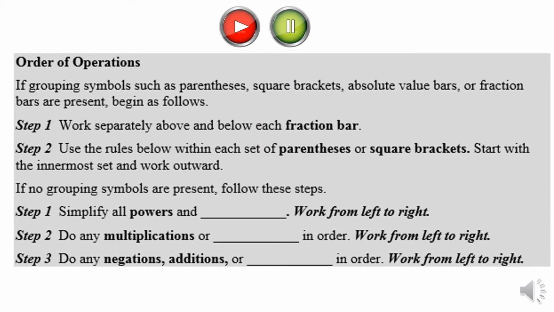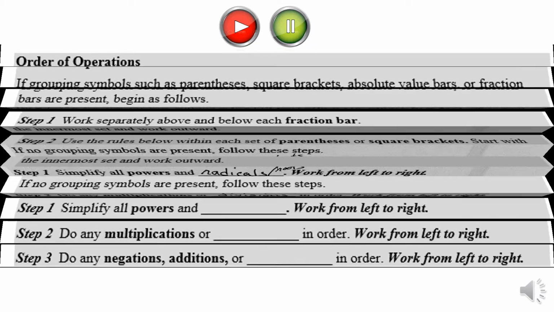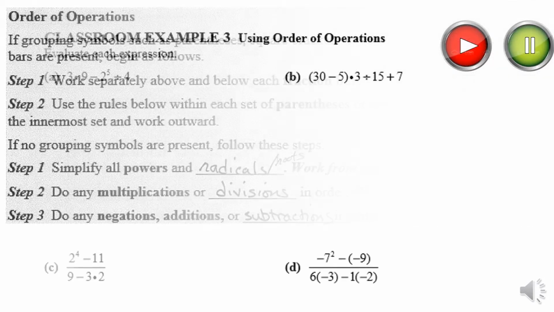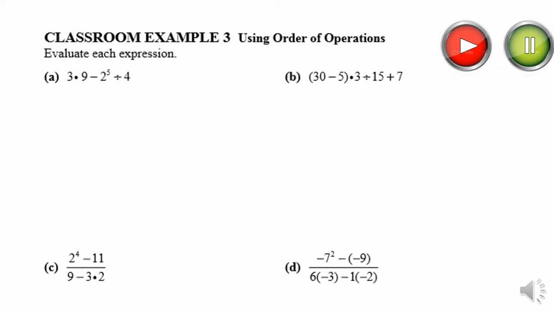Here's a fill in the blanks about the order of operations, so please do this. I filled in the blanks. This example 3, we're to evaluate each expression using the order of operations.